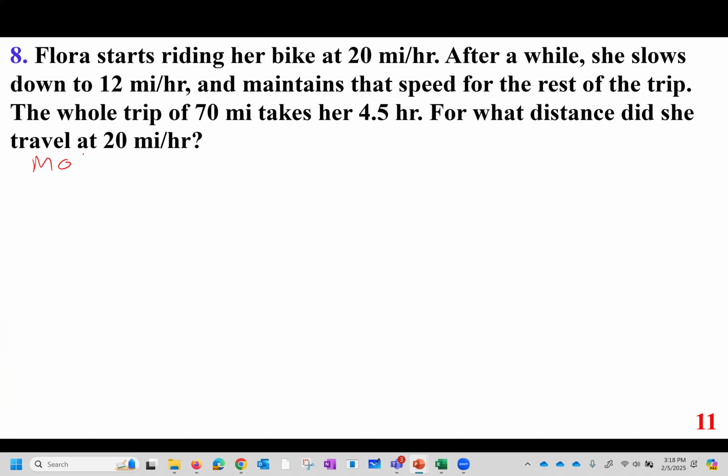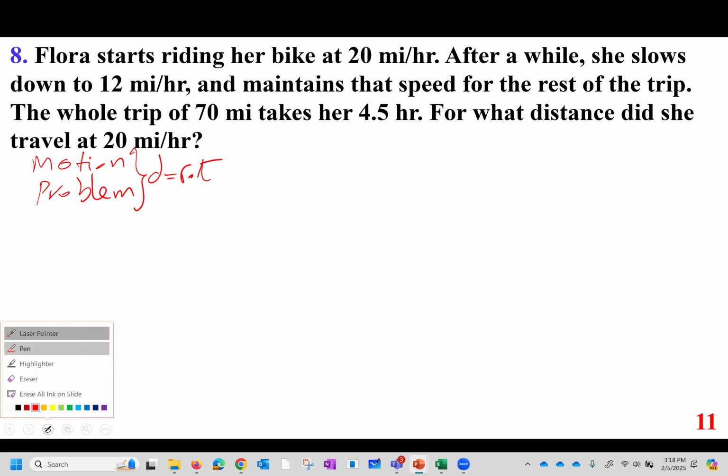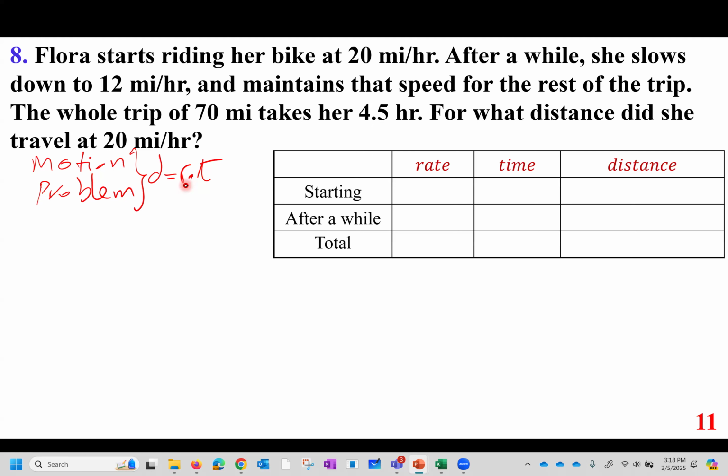This is a class of problem known as motion problem, everybody. In the case of a motion problem, D equals R times T. Rate, the average speed, times T gives us the total distance. So we make up a table. Rate times time is distance. To start with, the rate or speed is 20 miles per hour.